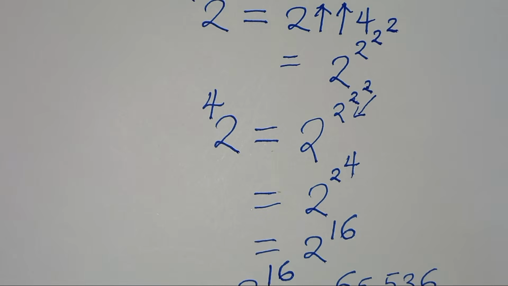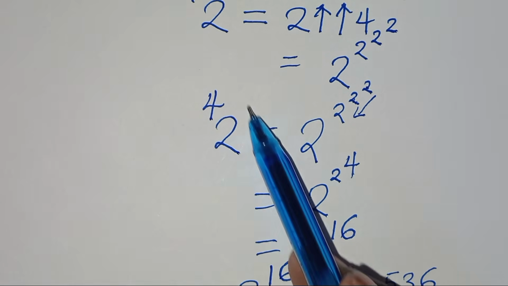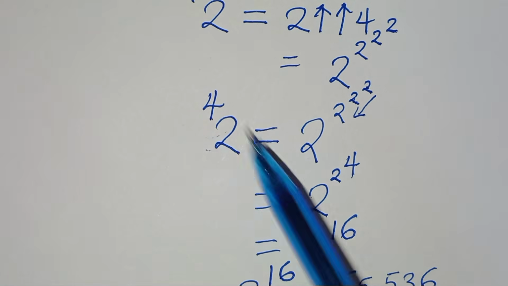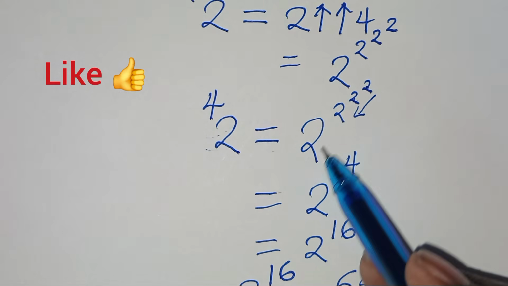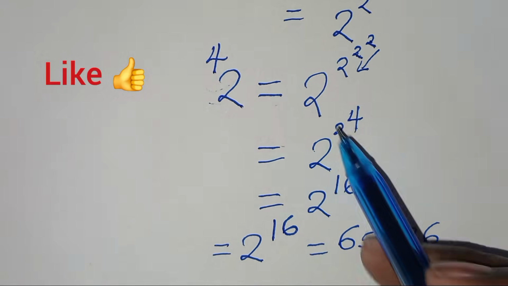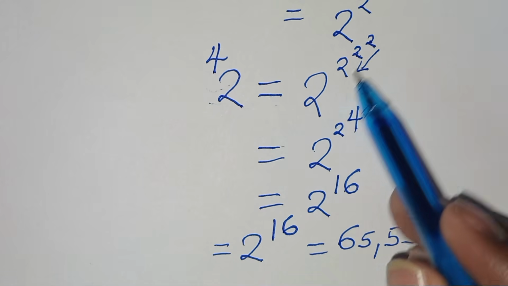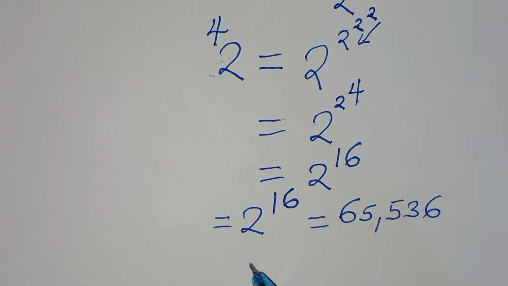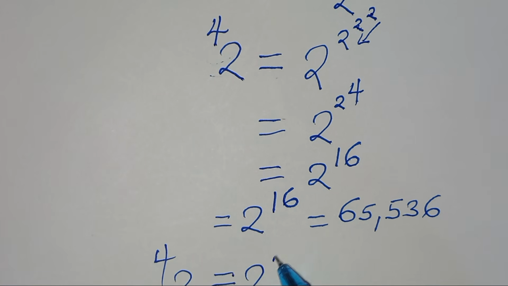Now, we are saying that we solve this tetration math problem from the right to the left. This is the rule. Now, what if someone solves from the left to the right? Now, let's see the difference here. So we have 2 raised to the power of 2, raised to the power of 2, raised to the power of 2.